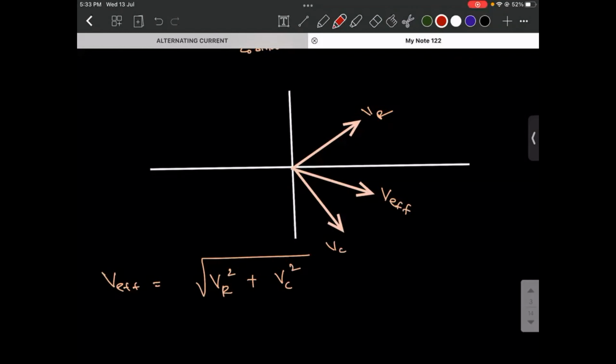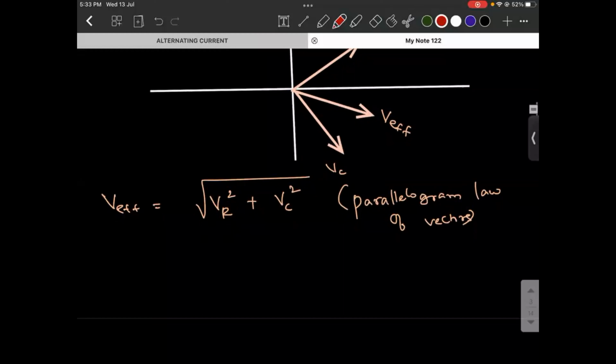This is using the parallelogram law of vectors.